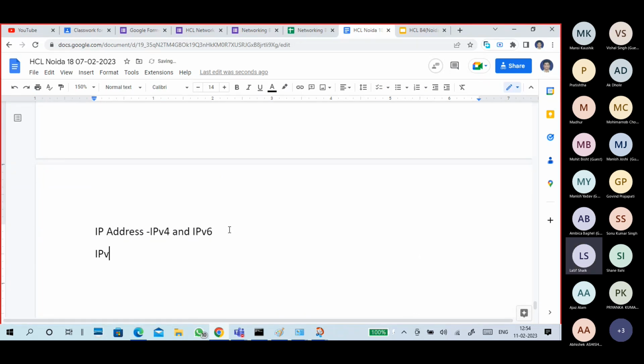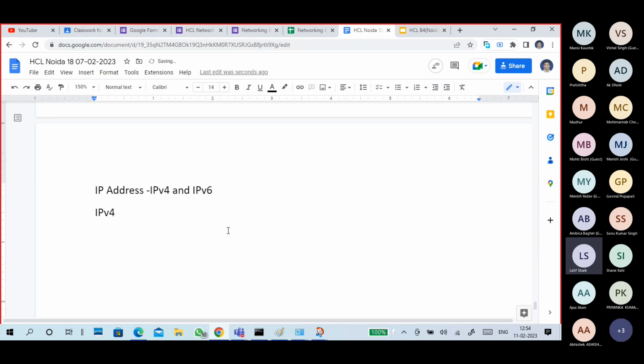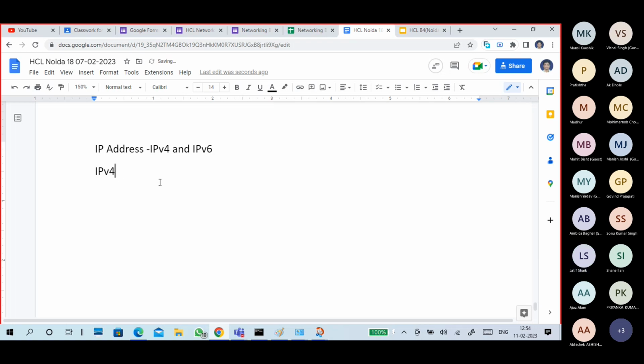I will tell about IPv4 only, so at least the main points will be covered, and then I will tell about IPv6 separately. Small points on IPv4 are important. Guys, IPv4 is a 32-bit length IP address.